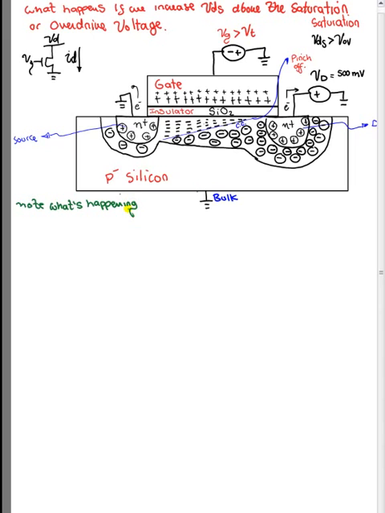I'm hoping by this point we are already getting some intuition of how this device works. The depletion region at the drain to bulk, or drain to substrate junction, increased in size.